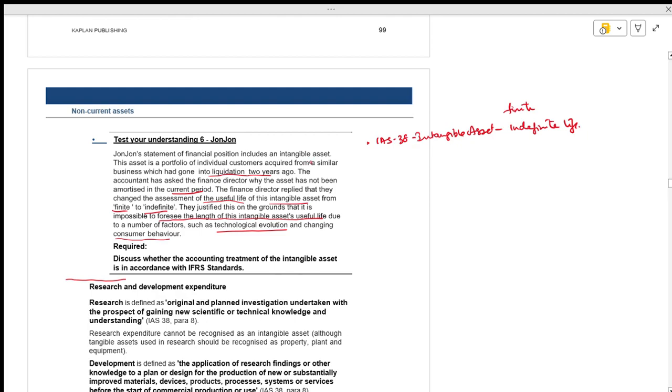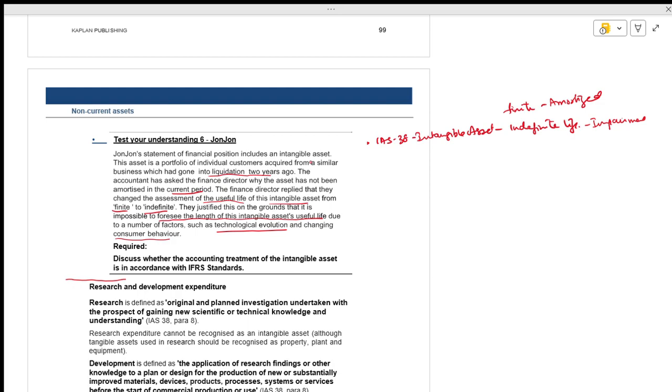If it is finite, it has to be amortized. If it is indefinite, it has to be tested for impairment. Is it right?